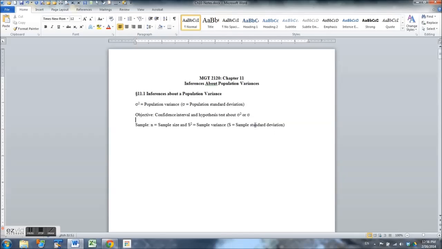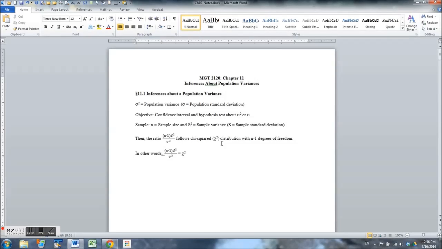So we take a random sample of size n, and compute the sample variance. S squared is the sample variance, and of course take a square root of that, and S is your sample standard deviation.